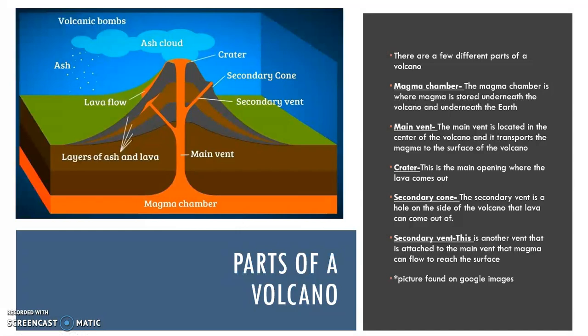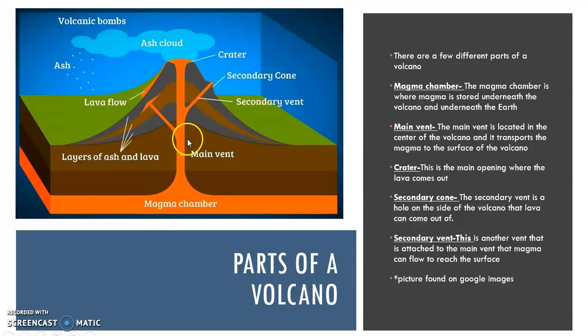And then the main vent, which is this column right here in the middle, it's where the magma travels up to get to the surface. And then the crater, which is here at the top, is where the lava comes out of.